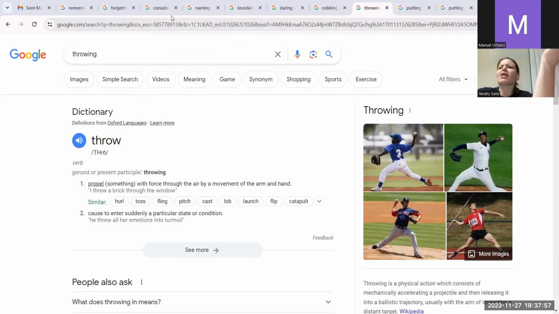I know the pronunciation is correct. Throw, yeah, that's the verb. Throw, throwing. I just remember I saw that today. Oh, okay. Nice.